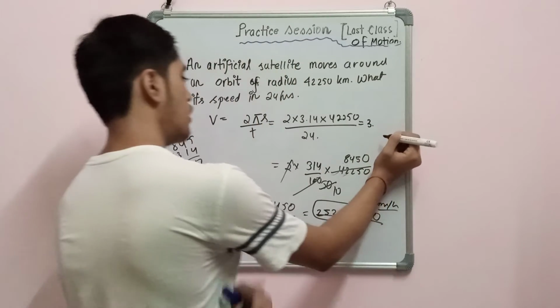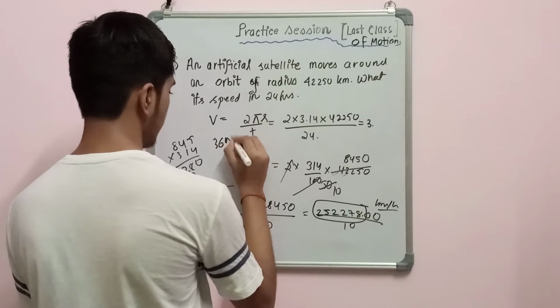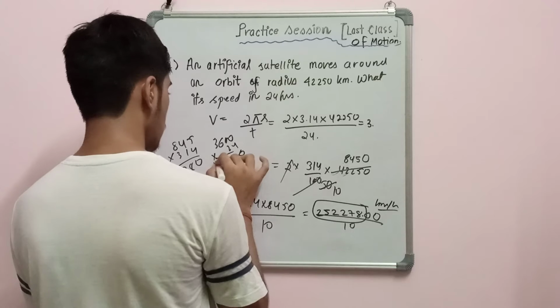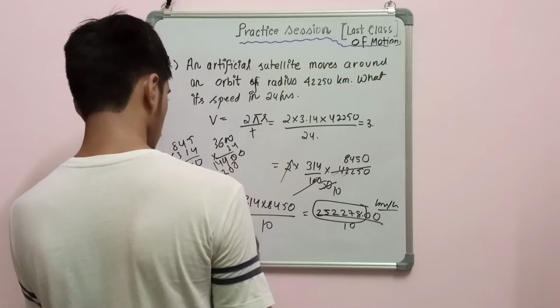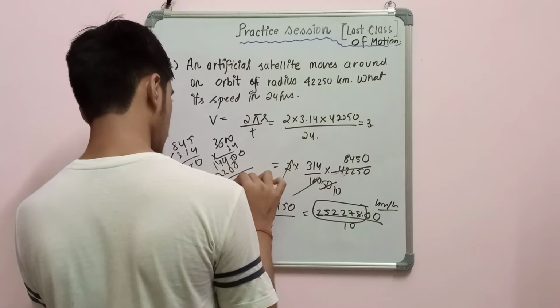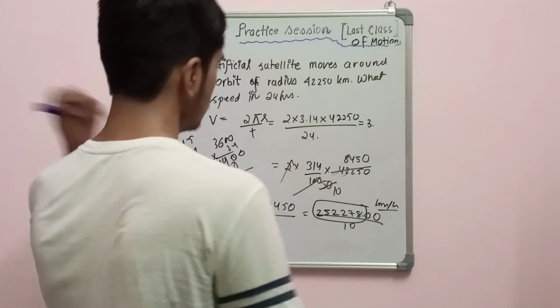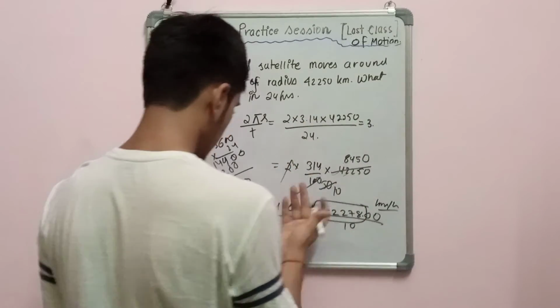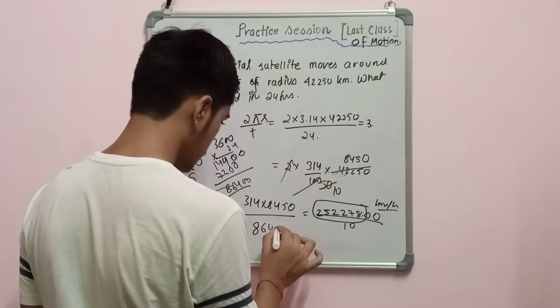That is 24 into 3600, so 3600 into 24. So this will be 86400. Now 2 into 3.14 divided by 86400 will give us 3140 divided by 86400.